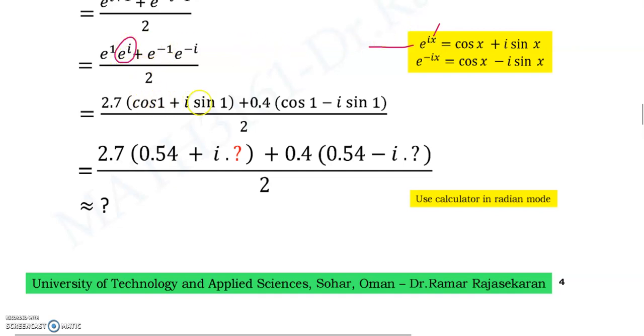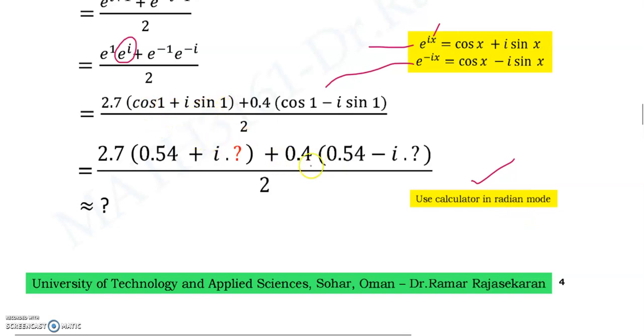So apply Euler's formula here, and similarly for e to the power minus i, apply this rule with x equal to minus 1, and you will get cosine 1 minus i sin 1. Then you use the calculator in radian mode to find the value of cosine 1 and sin 1.